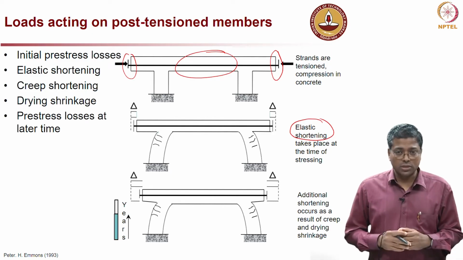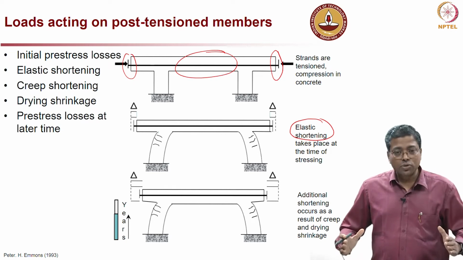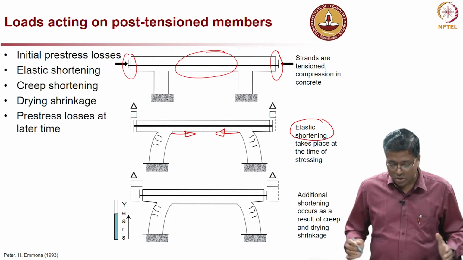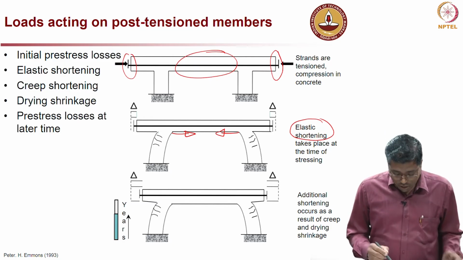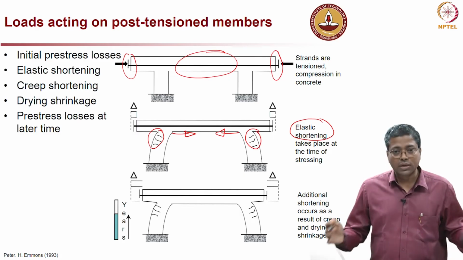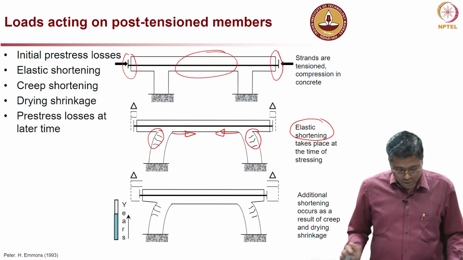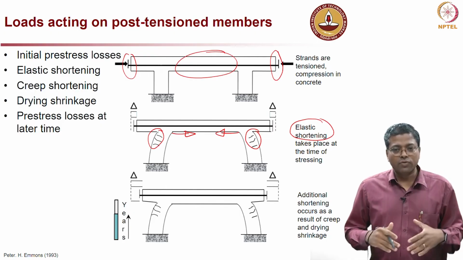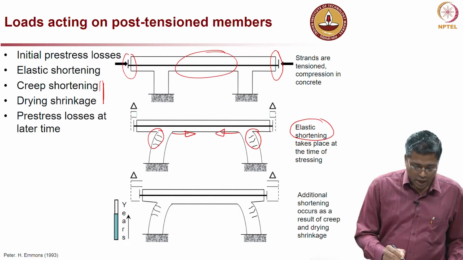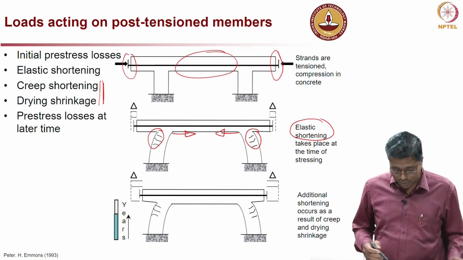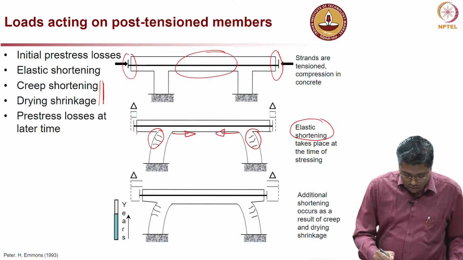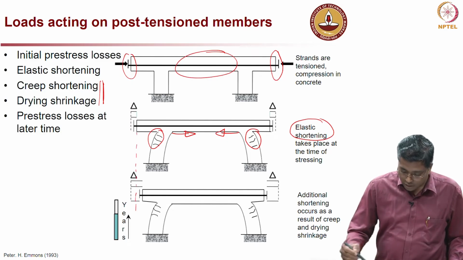In that process, these columns are also pulled towards each other. Because of this, it is possible that you can develop some cracks on the outside surface of the columns. Now, if it continues for the long term, then again creep, shortening and drying shrinkage might continue to happen, and hence you can notice here the shortening is now more.